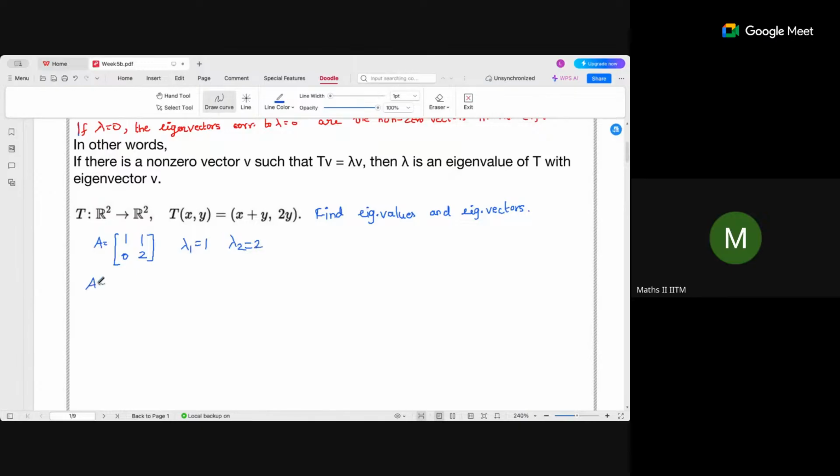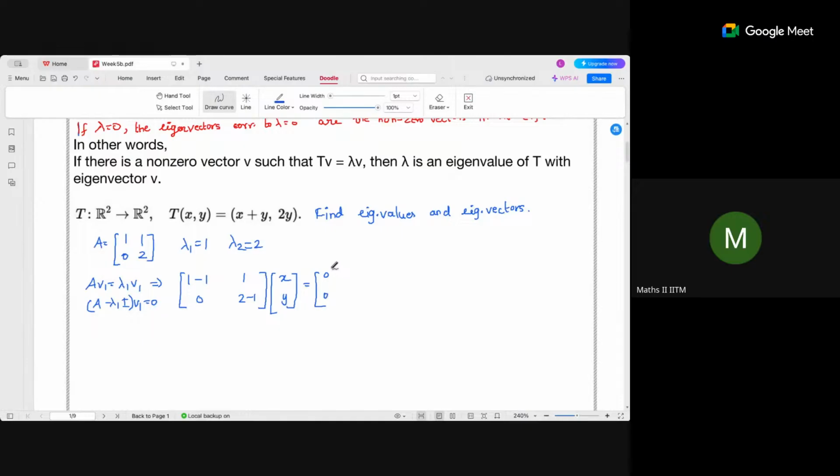So A v1 equal to lambda 1 v1. It is the same as saying A minus lambda 1 I times v1 equal to 0. So 1 minus 1, 1, 0, 2 minus 1 times x y equal to 0, 0.